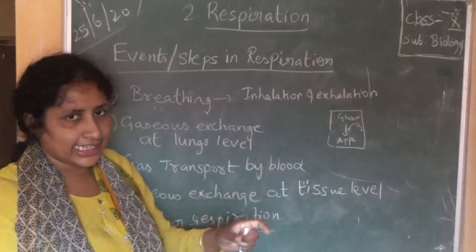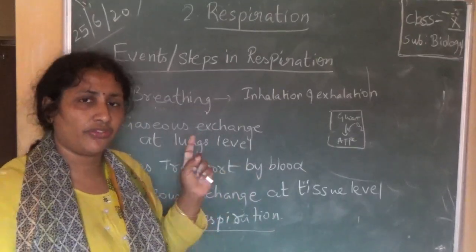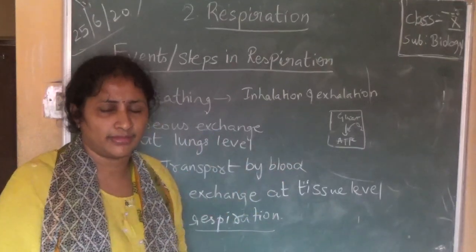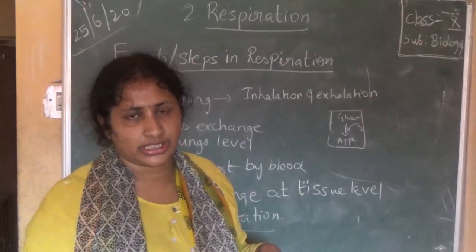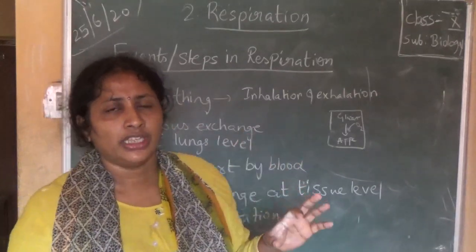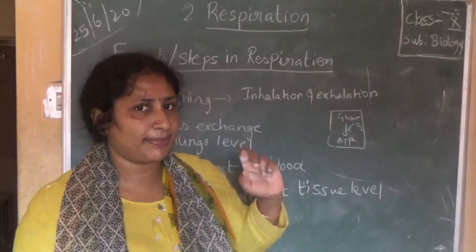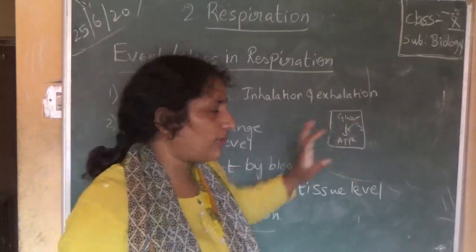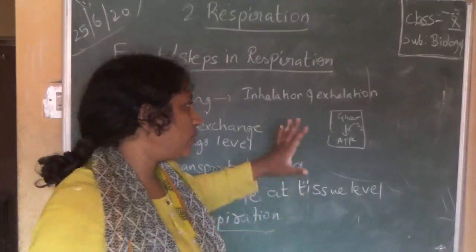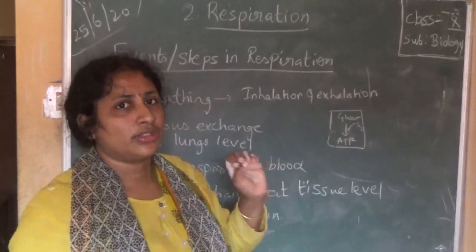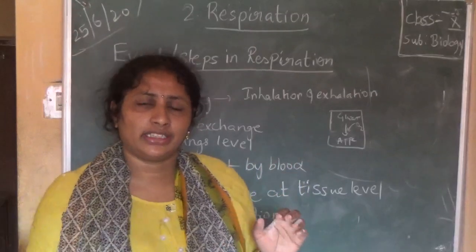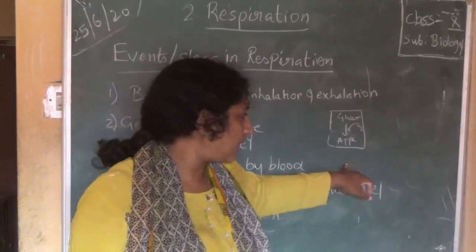As the glucose, from where the glucose came? By digestion process. So by digesting food, and after the food has been digested, it is absorbed into the cells in the form of glucose. So glucose is now present in the cell. So it needs oxygen to convert into ATP.